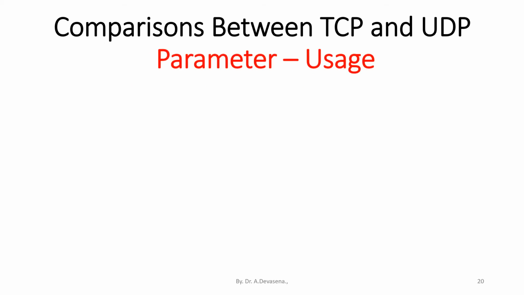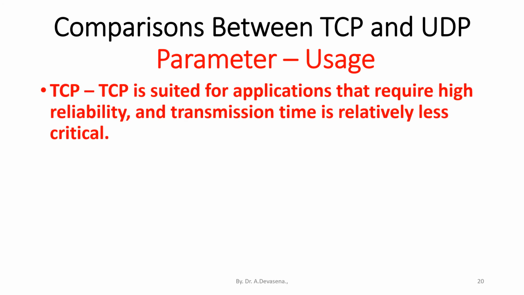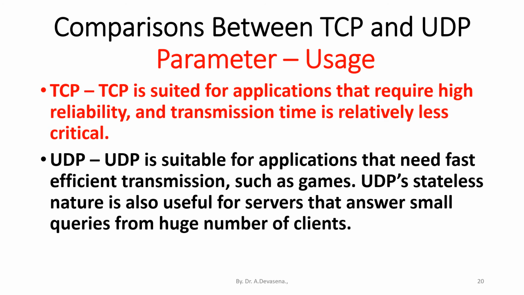Now we consider the parameter usage. TCP is suited for applications that require high reliability and where transmission time is relatively less critical. Whereas UDP is suitable for applications that need fast, efficient transmission such as games.